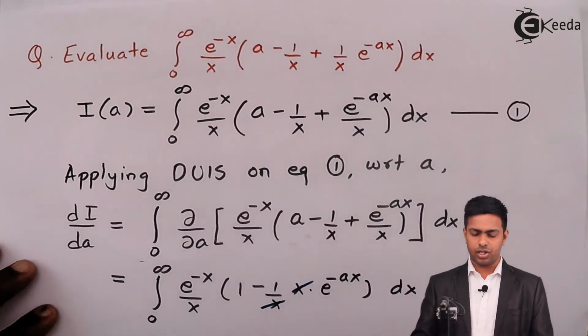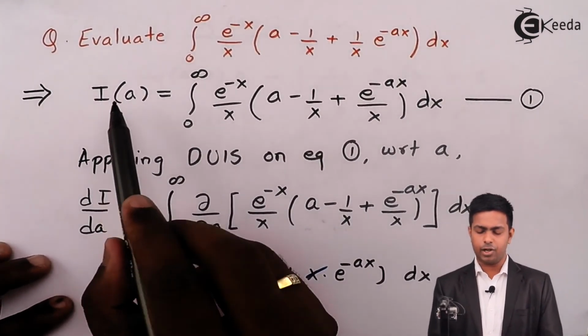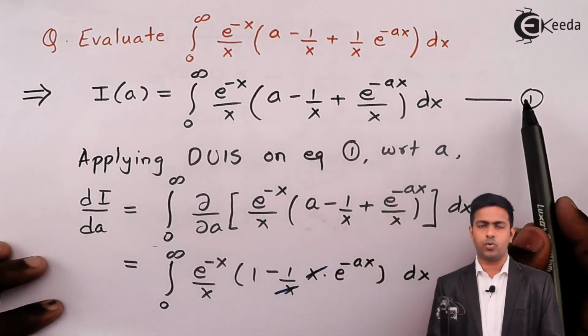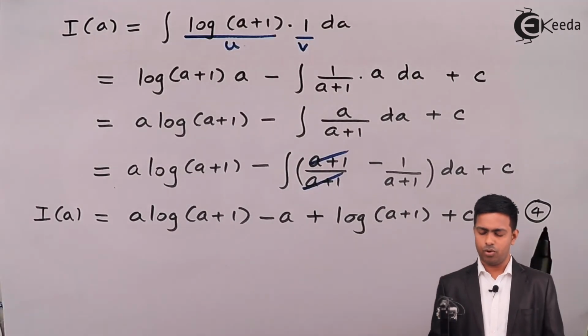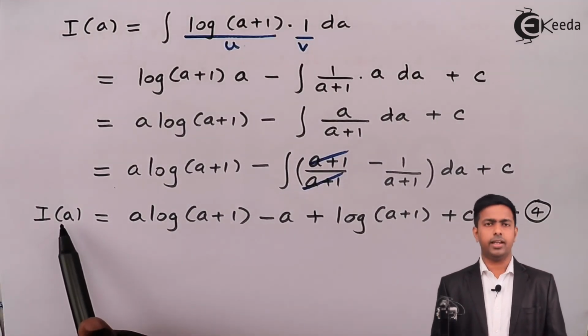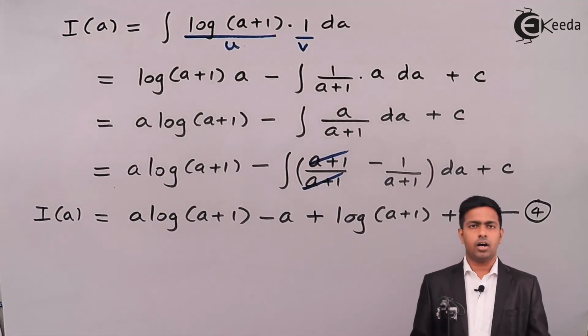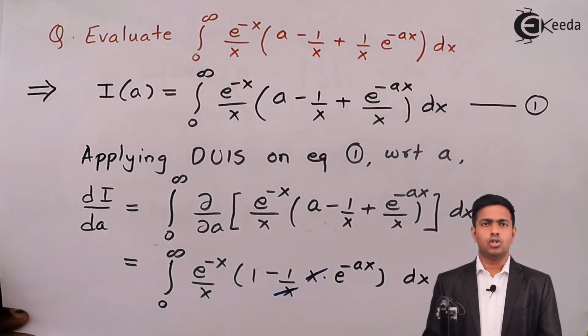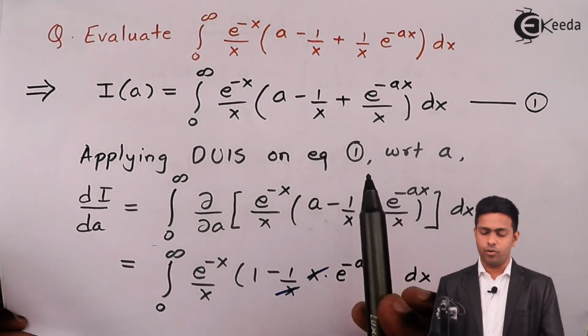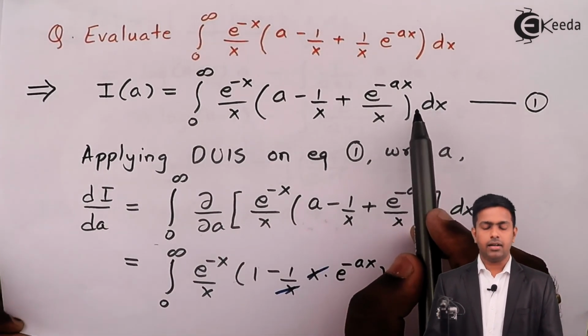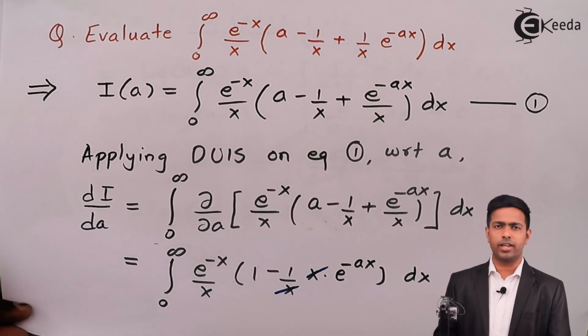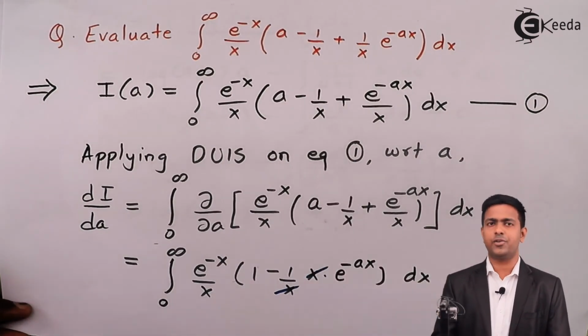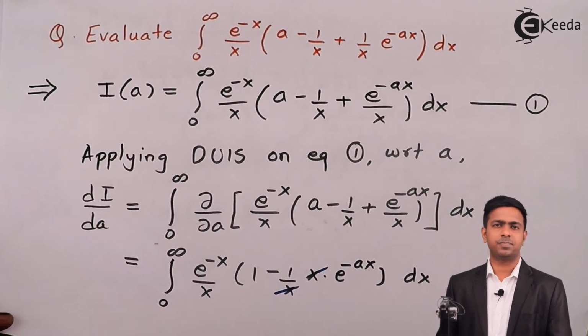So this is equation number 1, which has I of a. In this equation as well as in equation number 4, we will put some value of a to get that unknown c. Just observe equation number 1 carefully and tell me what we should put to get the finite value of I of a.